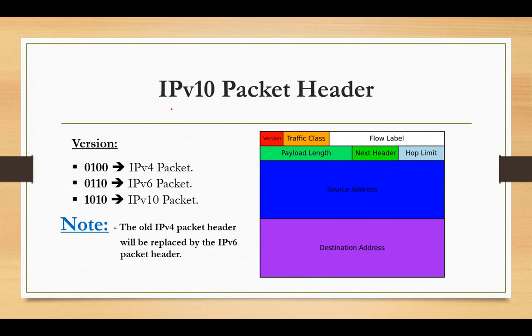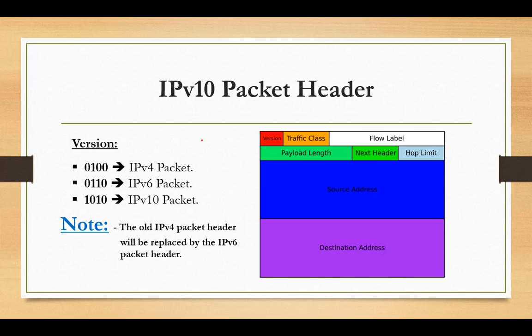The IPv10 packet header is the same as the IPv6 packet header. So what will be required in the communication between IPv4 and IPv6 only hosts is that the IPv4 header will be replaced by the IPv6 packet header. This is the major issue with IPv10.